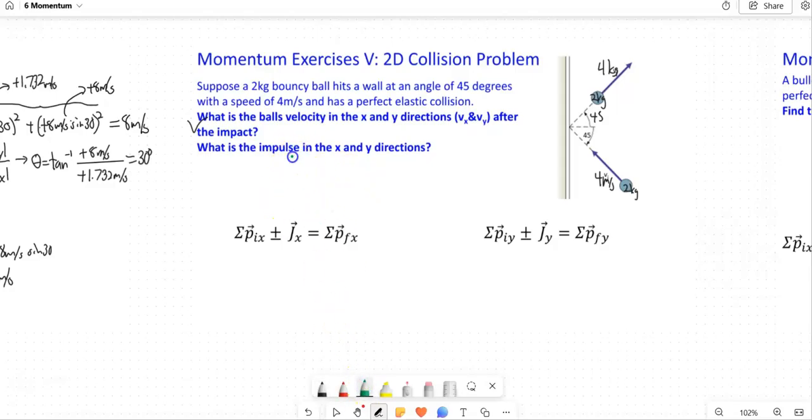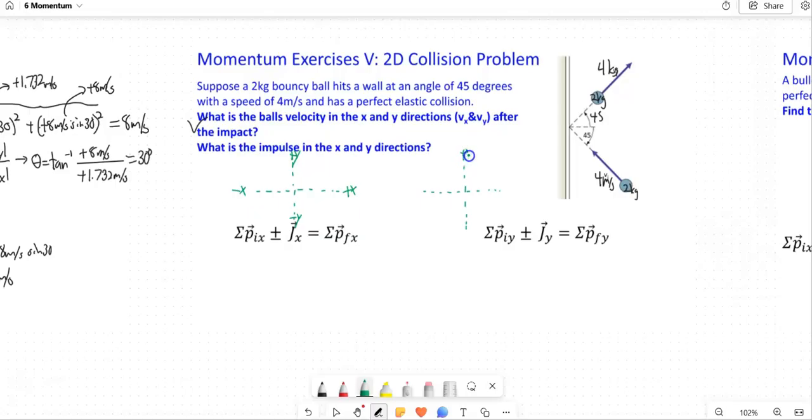So let's do this. Let's lay down a coordinate system since we're going to be dealing with vectors. And let's do the initial momentum. Okay, so we're going to do the initial momentum, and then let's lay down a coordinate system for the final momentum.